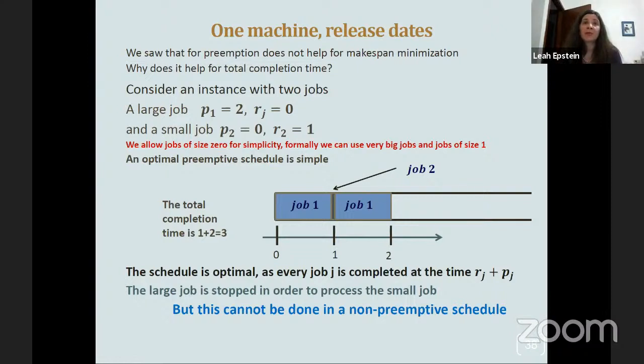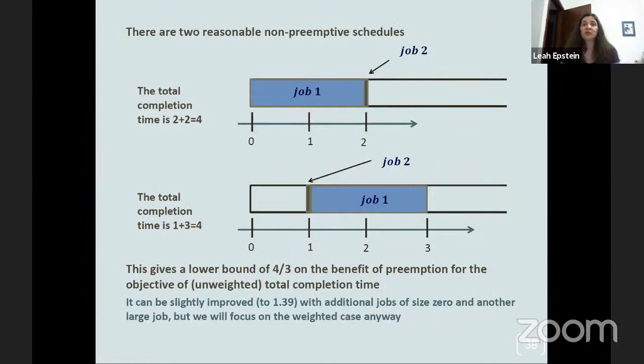But if you're not allowed to preempt, you're in trouble. Let me just say that this is an optimal solution because everything is completed at the minimum time that it can be completed, the release time plus the size. You cannot do better. But here is the illustration for the non-preemptive case. Since you can't preempt, you need to decide if you run the large job before the small job or after it.